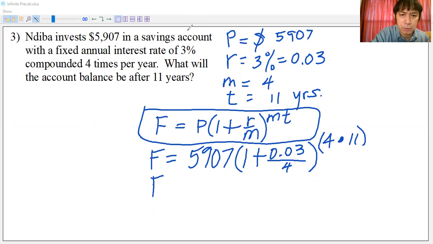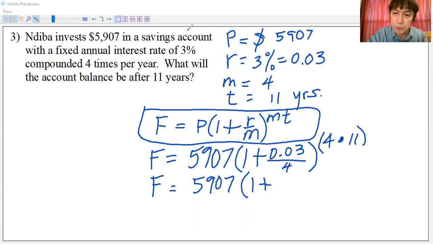So this is equal to 5907 times the quantity 1 plus this is to the negative 3. So we have 3 zeros like that, followed by the significant digits 7 and 5. And then that will be raised to the power 4 times 11. That should be 44.